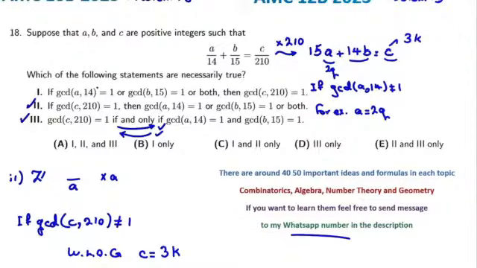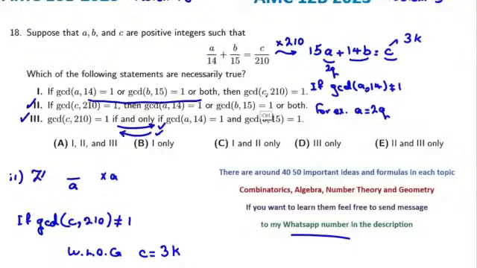And for the first one, it says if GCD of A and 14 is 1 or B and 15 is 1 or both, then GCD of C and 210 is 1. No. I try to find a case that satisfies this one, for example, one of them, but doesn't satisfy the next one.